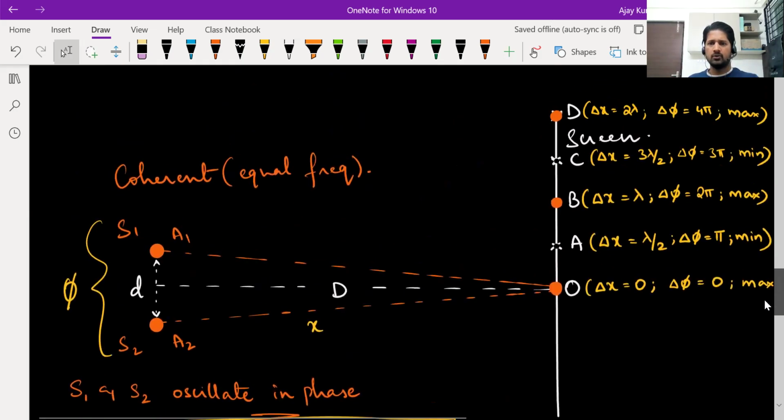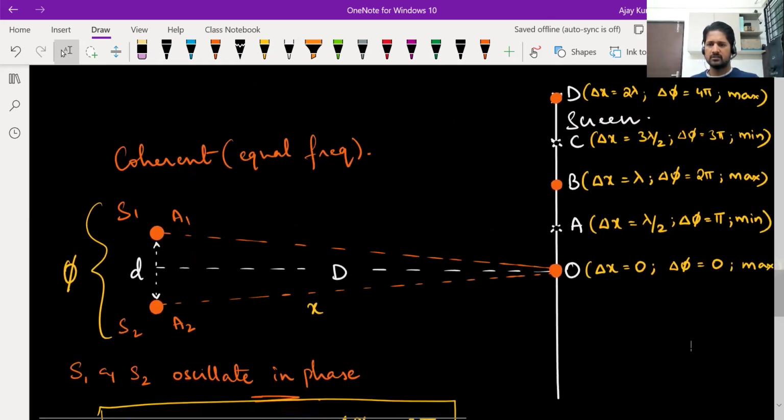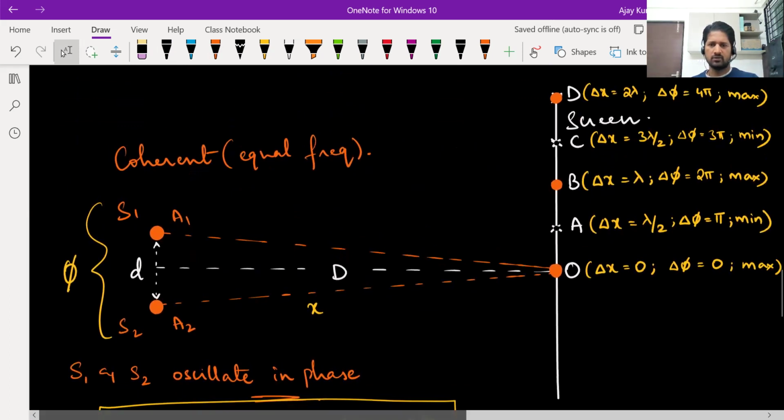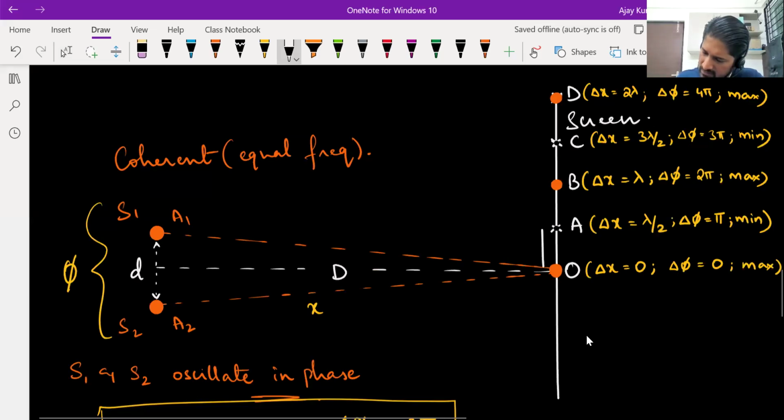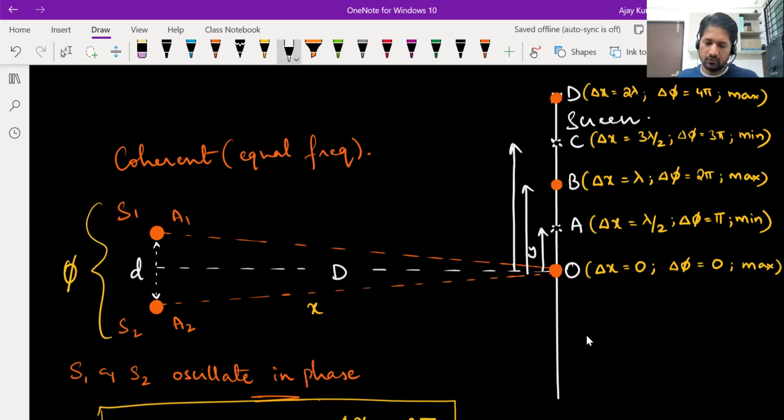Now, what are you expected to be able to do in this situation? Like in exams, what questions do they ask? You should be able to find out at what distance you can find these bright and dark bands. And you should also be able to find out at what angle you are expected to see those bright and dark spots, or bright and dark bands.